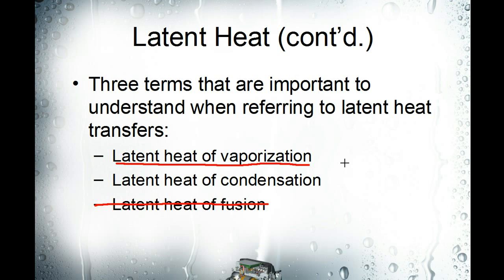So latent heat of vaporization is the molecular energy that is required to change the state of a liquid to vapor. And then the latent heat of condensation, that's our water vapor that lands on the kitchen window and turns from steam back into water. All of that latent heat is released, and that's called the latent heat of condensation.